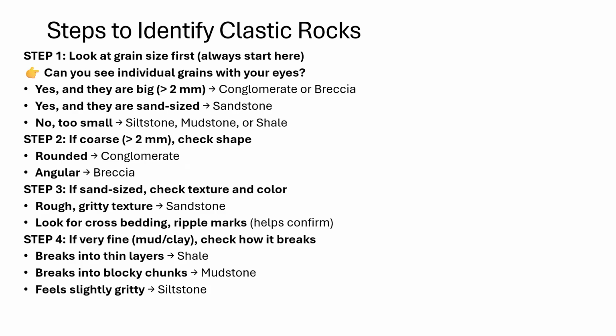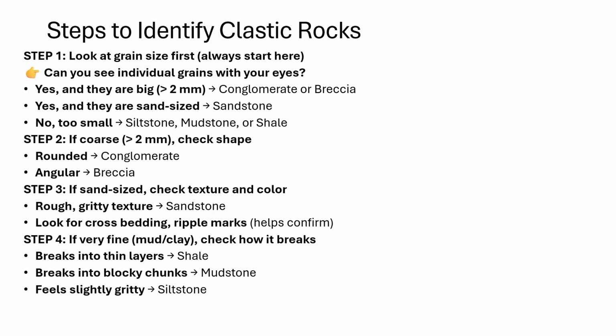But how do you differentiate between conglomerate and breccia according to the shape? All right. If they are rounded, it's conglomerate, and if they're angular, it's breccia. And then if yes, and they are sand-sized, then it's sandstone. If no, you're not seeing this with your naked eye, then it could be siltstone, mudstone, or shale.